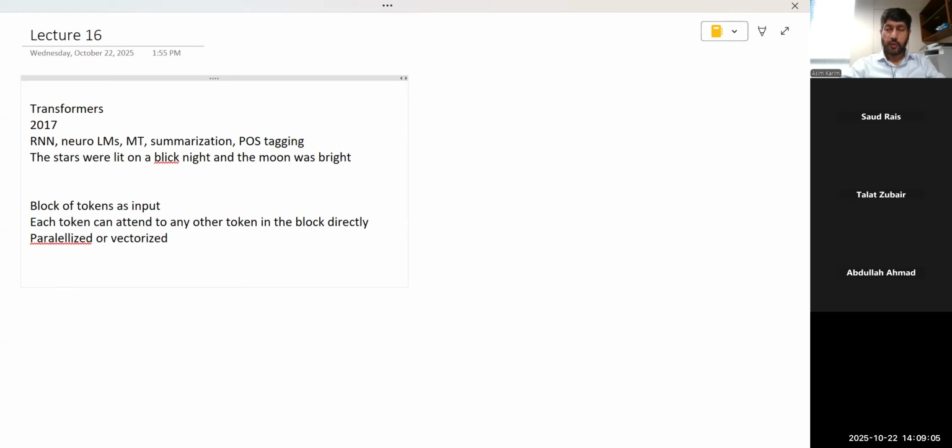Okay? So you can use vector notations to describe the entire transformer, and then that vector and matrix computation can be done efficiently on GPU-based machines, and it can be accelerated significantly.